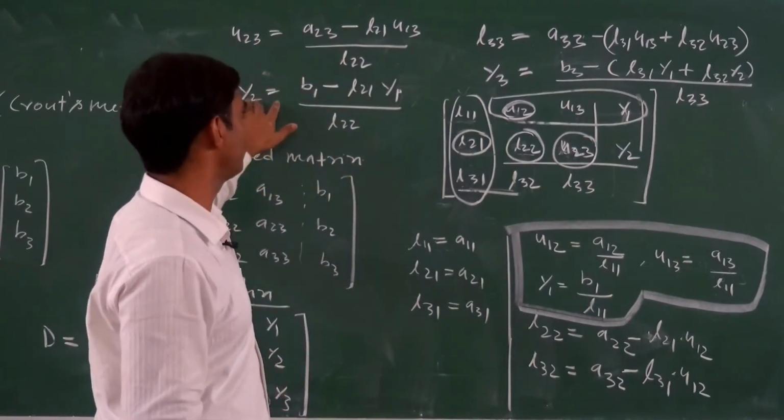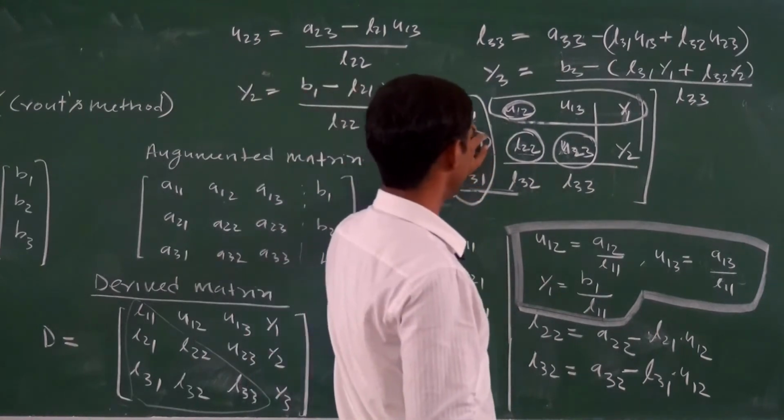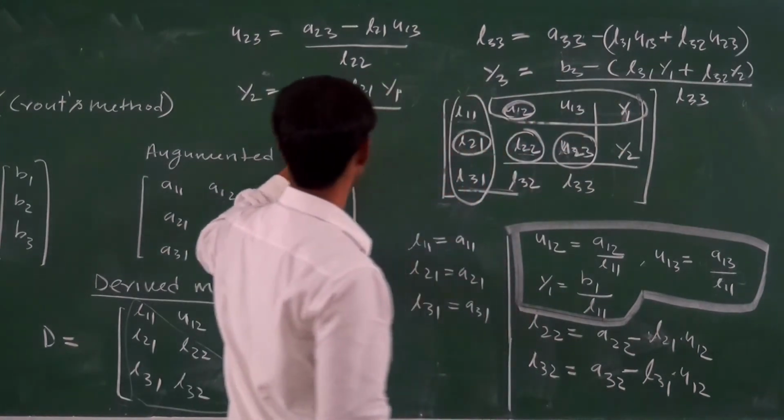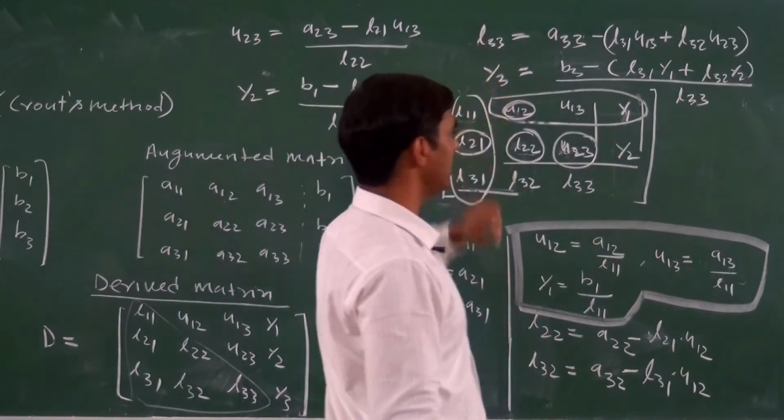Similarly, we find Y2 as B2 minus the inner product of the corresponding row and column, divided by L22, and similarly we find L33 and Y3.